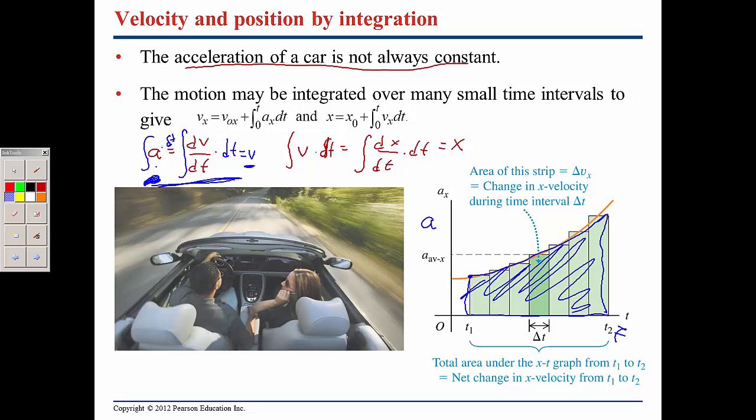Now, if we're talking about doing this using constant acceleration, it becomes a lot easier. If we're talking about it with non-constant acceleration, then the calculus itself becomes extremely hard. We have to do it graphically, more likely than not.